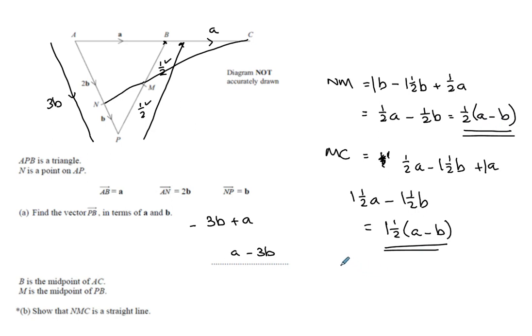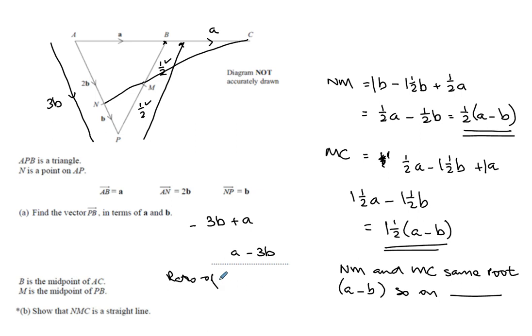So you go NM and MC, same root, and then just write A minus B. So on a straight line. Sometimes they ask you to find the ratio of length NM to MC.